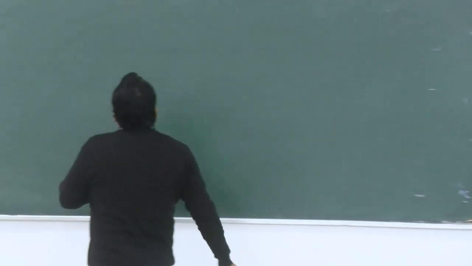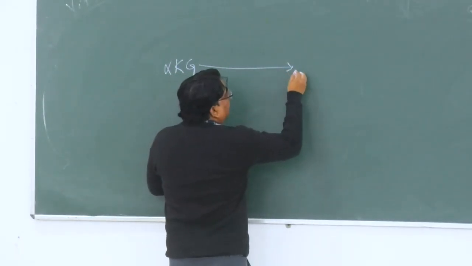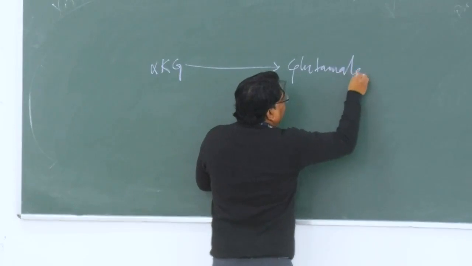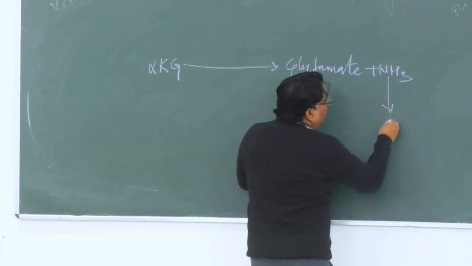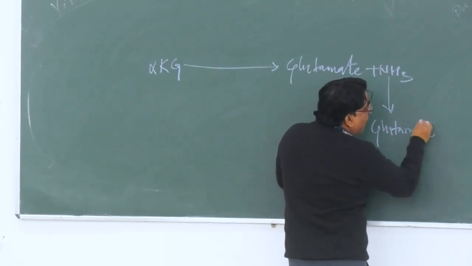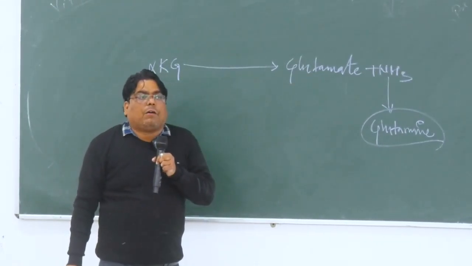Alpha ketoglutarate becomes glutamate, and this glutamate, when it reacts with NH3, forms glutamine. So this is the storage and transport form of ammonia.